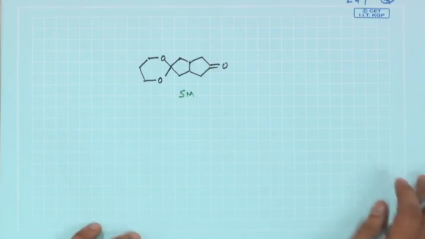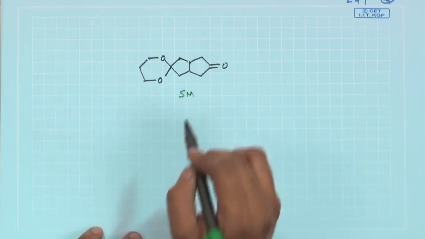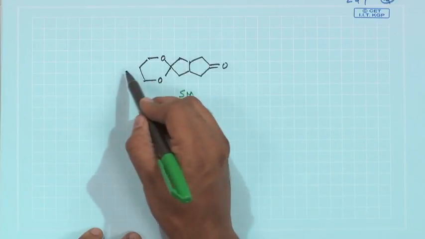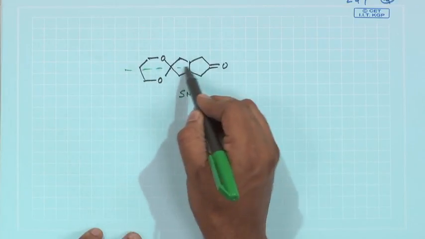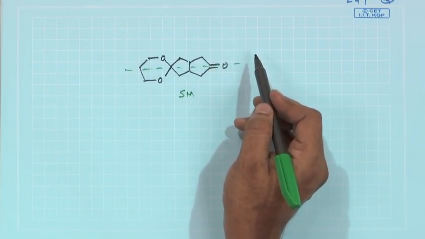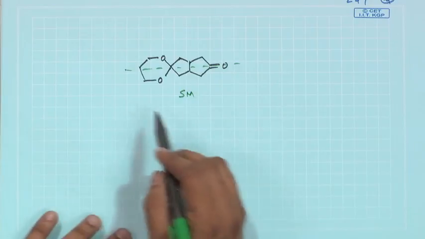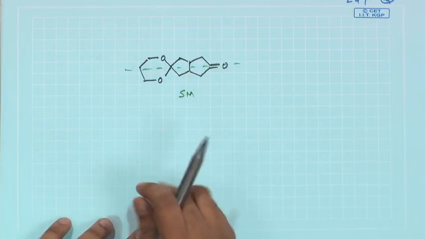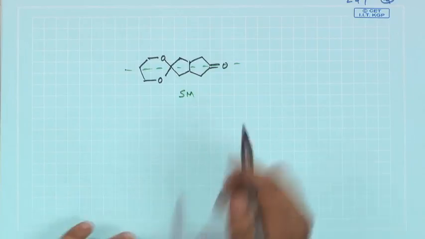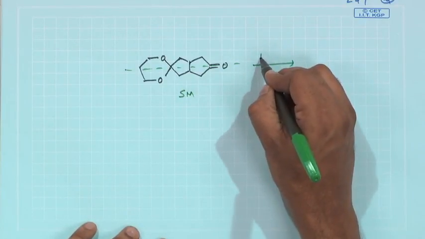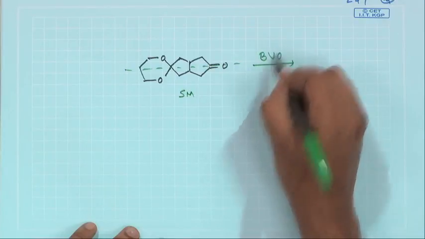Now, probably I will try to put you very simple reactions. Now, this compound is a symmetric compound, right. So, what exactly can you think about? In principle, you can think about any transformation which will desymmetrize the molecule. A simple transformation like Baeyer-Villiger oxidation.